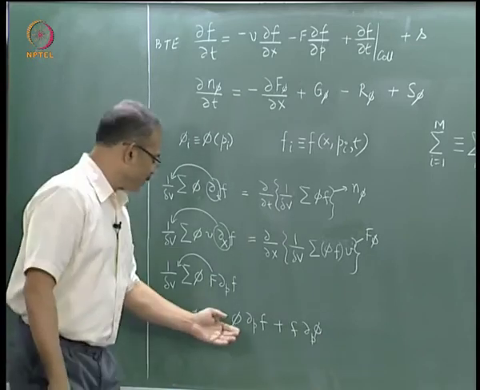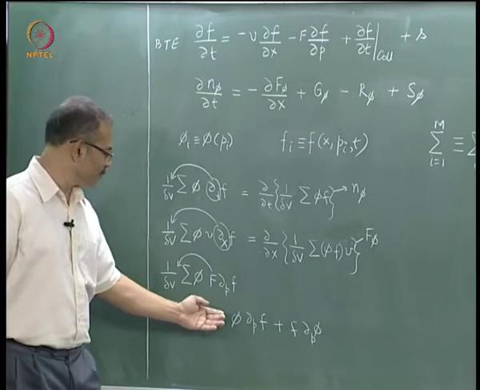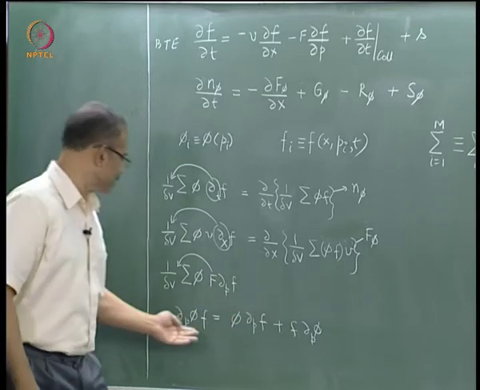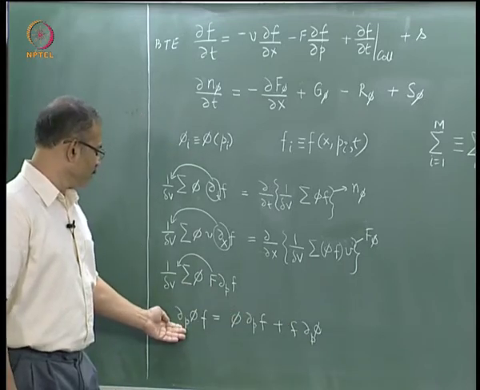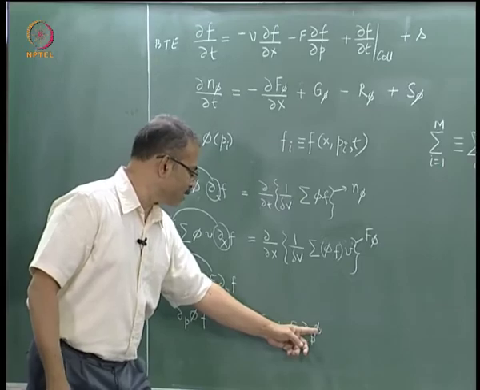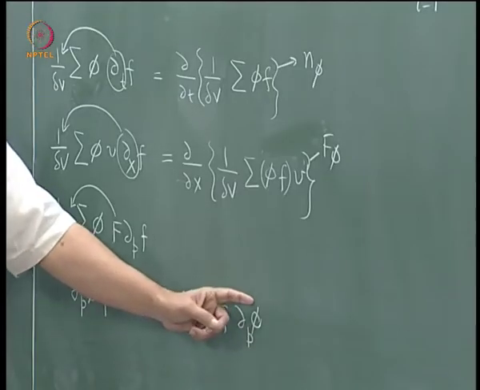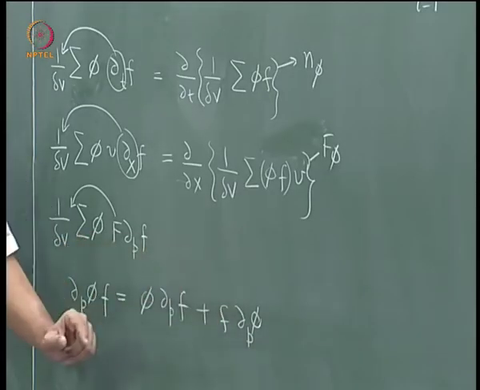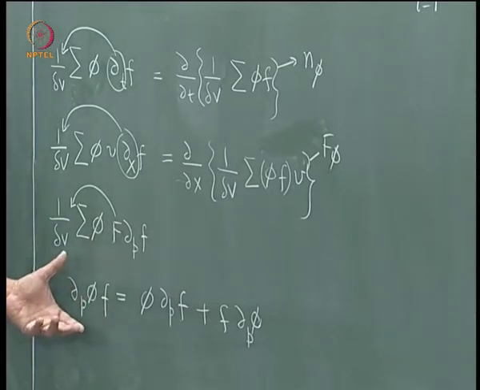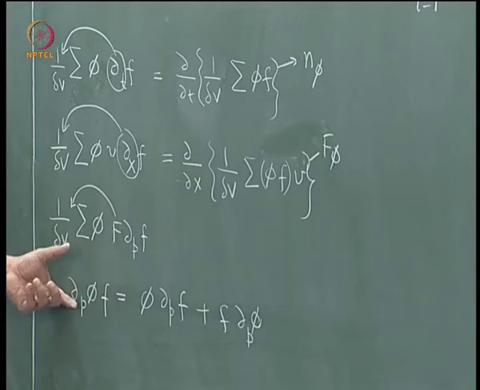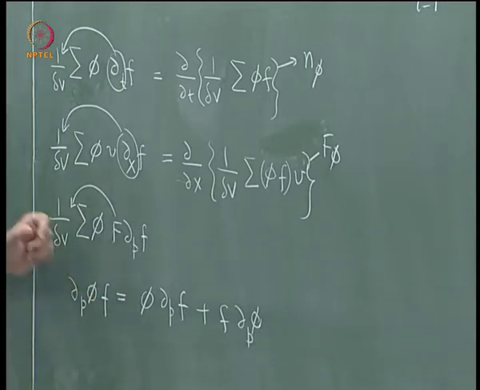Now you will say, but what is the advantage of converting one expression into two expressions? You do realize that phi is a function of p alone, and therefore this can be derived very easily. But what about this? Well, as we will show shortly, when you do a summation of this quantity over all the states, this quantity will simply become 0. So let us write that down.